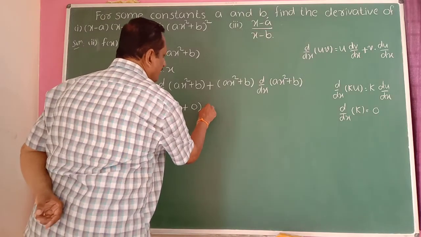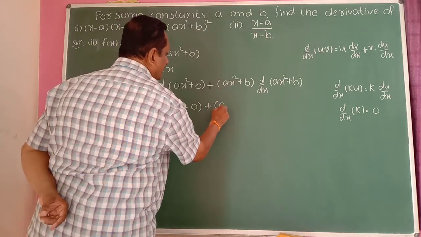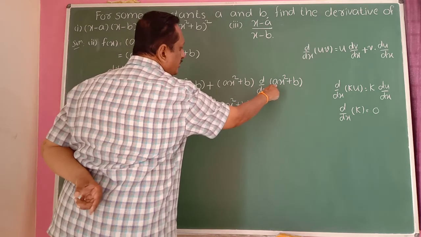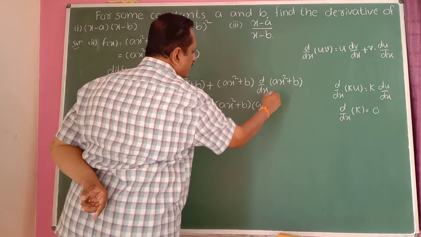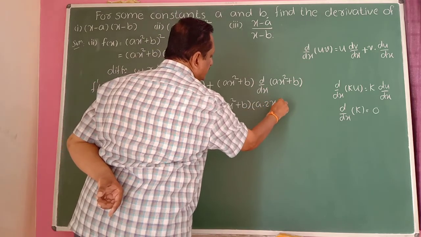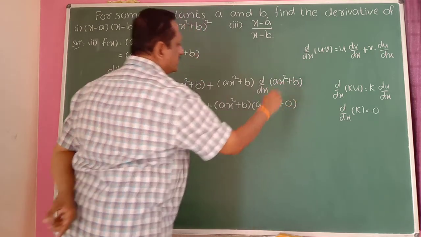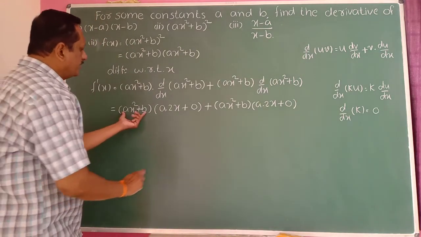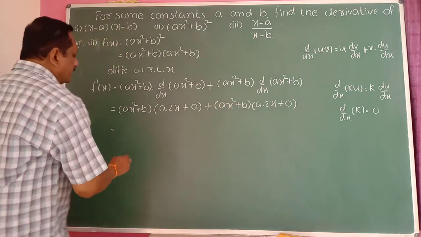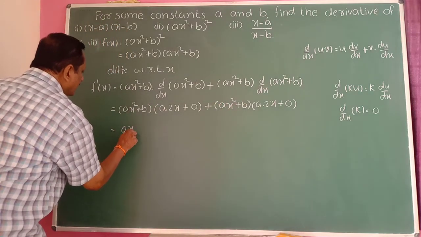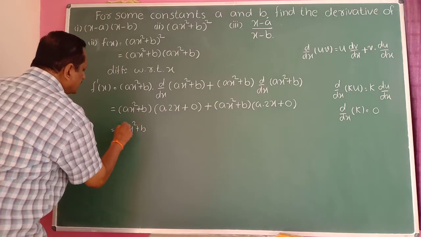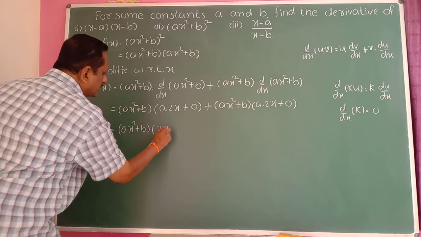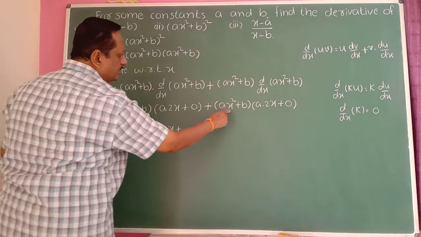Then plus again (ax² + b) as it is here. Here a is a constant, x² differentiation is 2x, plus constant b differentiation is 0. Therefore this is equal to, here (ax² + b), here also (ax² + b), so take (ax² + b) as the common factor. Then 2ax plus this 2ax.